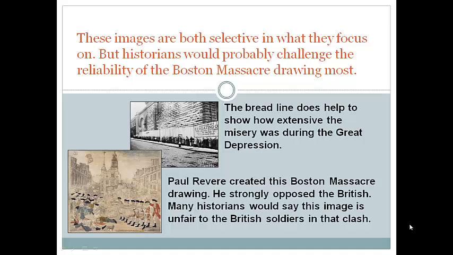Historians might agree that the breadline captures the reality of the Great Depression fairly, but many would not accept Paul Revere's version of the Boston Massacre as accurate. The point is that both images are powerful in their impact. They can shape the way we see or think about events, either accurately or not.